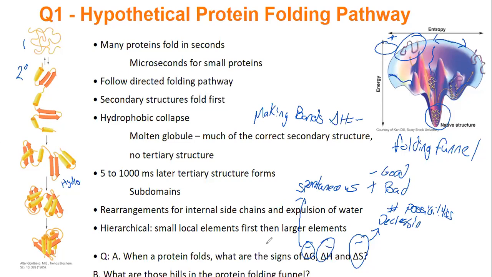And so delta G being negative, it's barely negative too. Proteins are barely stable. We're talking like 10 kilojoules, and I know that number really doesn't mean much.